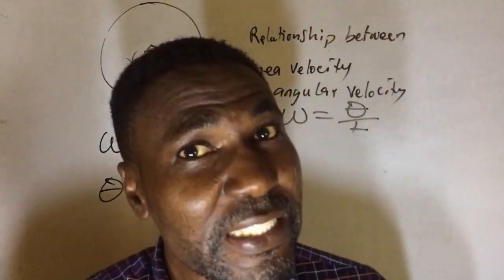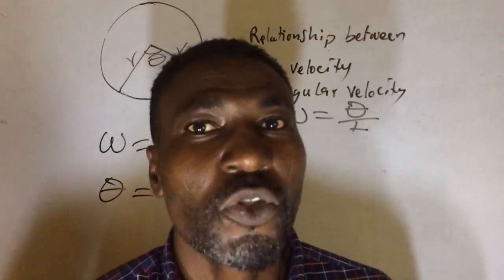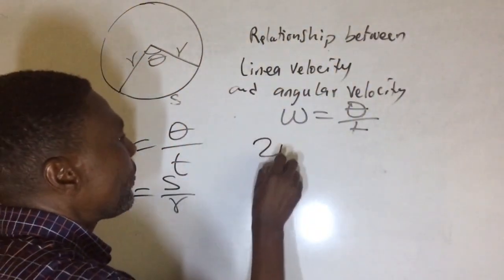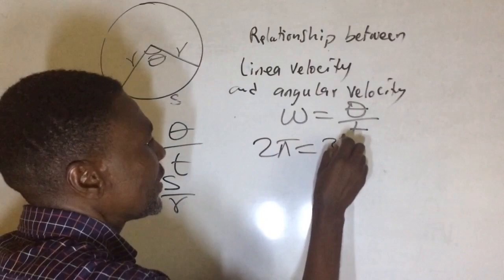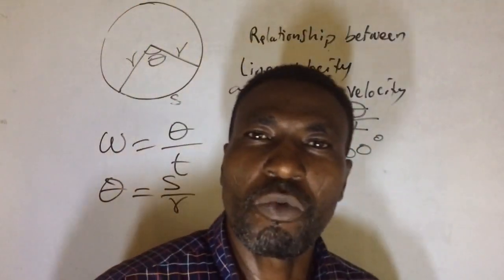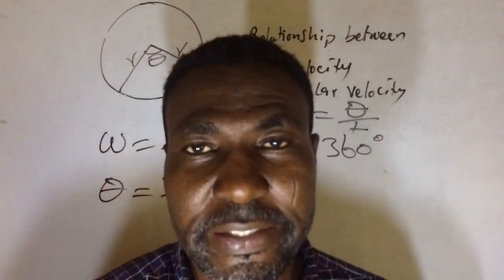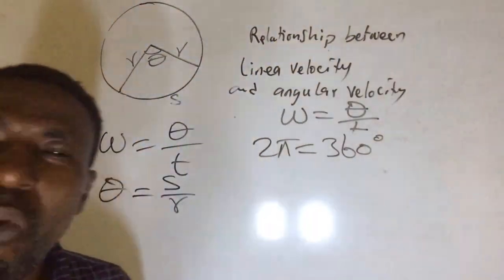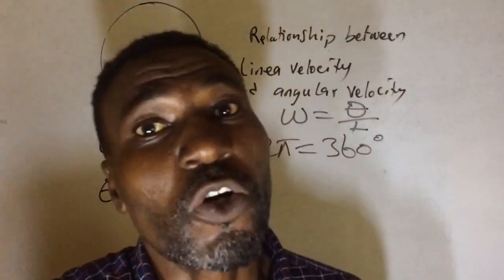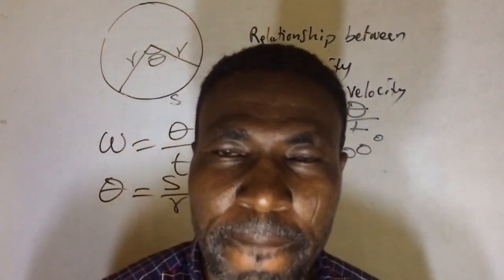Meaning that 2 pi radians is equal to 360 degrees. This is the conversion between radians and degrees. So one complete cycle is equal to 2 pi radians or 360 degrees, okay?